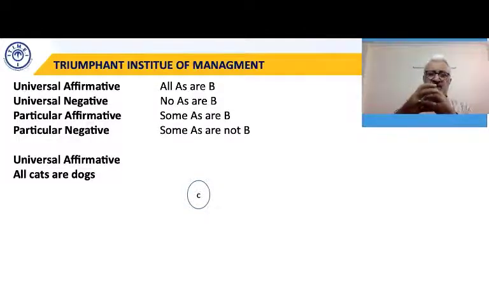Does it come under dogs? Or does it come outside dogs? Or does it come equal to dogs? It says all cats are dogs. So is it inside dogs or outside dogs? The answer is inside dogs. When I say all cats, it means that they are dogs. It means that they come under the category of dogs.